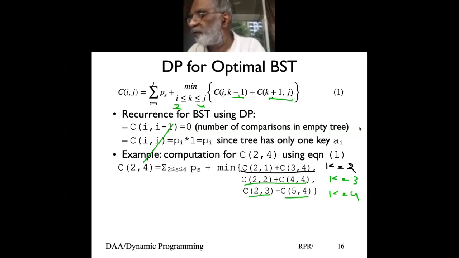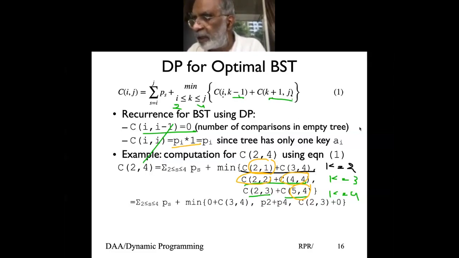Now we know that C(i, i minus 1) is 0. That means this is 0, and this is 0. And C(2,2) is P2, C(4,4) is P4.